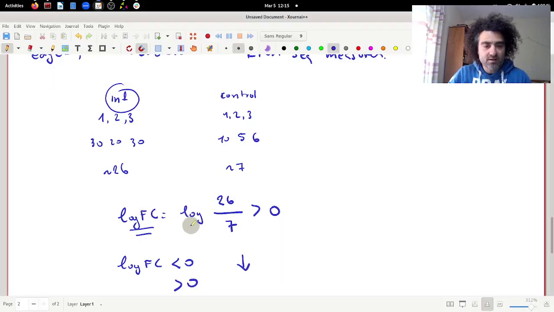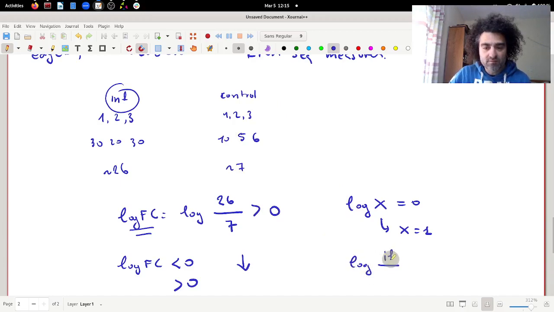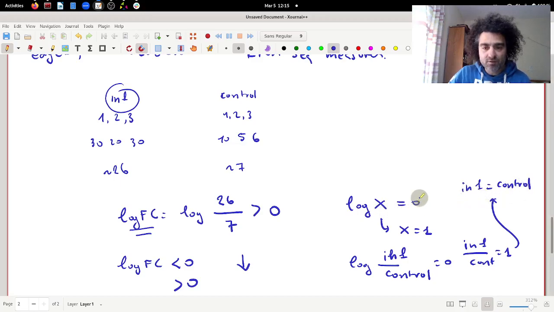I must say here that if this is 0, it means that log x equals 0, it means that x is 1, which means that the average expression value here is the same as the average expression value here. So log of infected to control is 0, which means that infected to control equals 1, which means that infected equals control for the value 0.